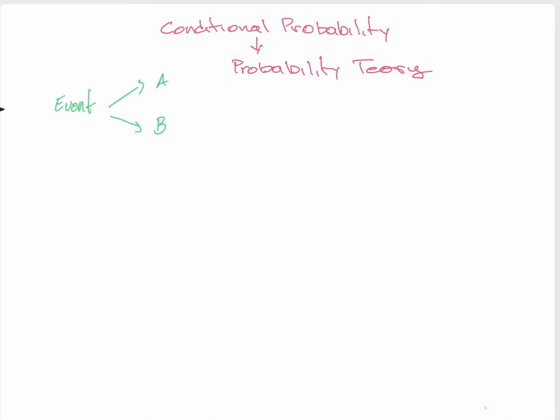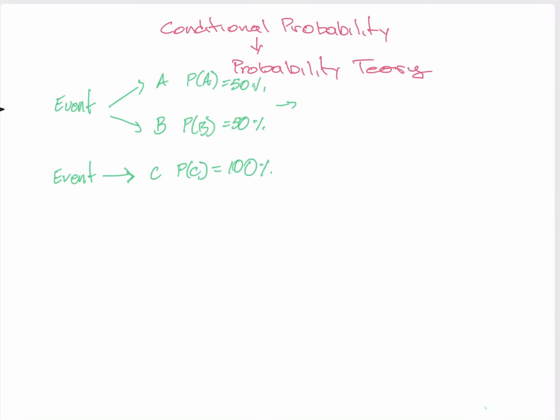The probability of A is equal to 50%. The probability of B is equal to 50%. If I have an event which has only one possible outcome, let's say event C, then because it only has one possible outcome, the probability of C is equal to 100%.